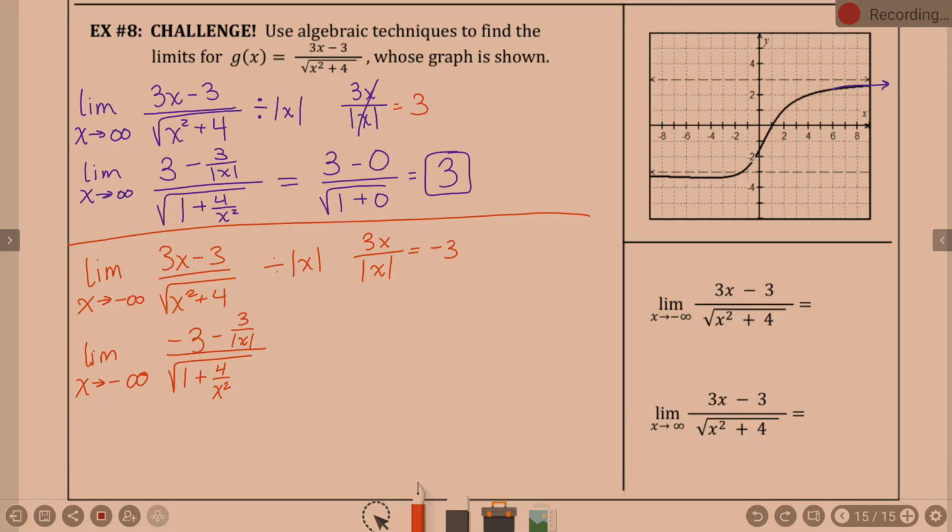All of that to say what changes? It's going to be a negative 3, yes? And notice, does that match down here? Yep. It does.